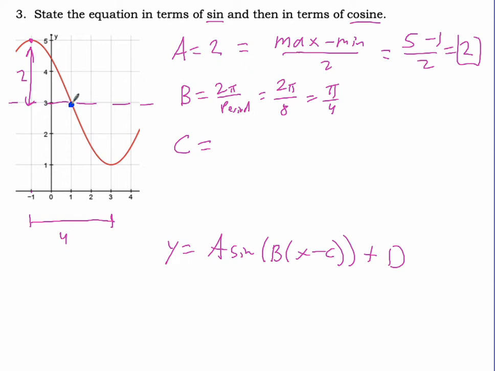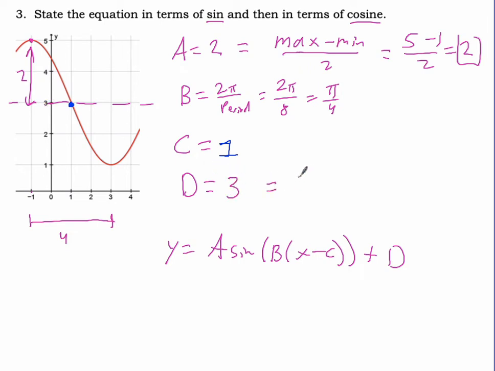So now we have, well, it touches the principal axis right here, so it's really shifted to the right one. So C is going to be a negative, or actually positive 1, because this is already negative. So C is 1. Okay, the D value is the vertical shift, or the principal axis, which is 3.